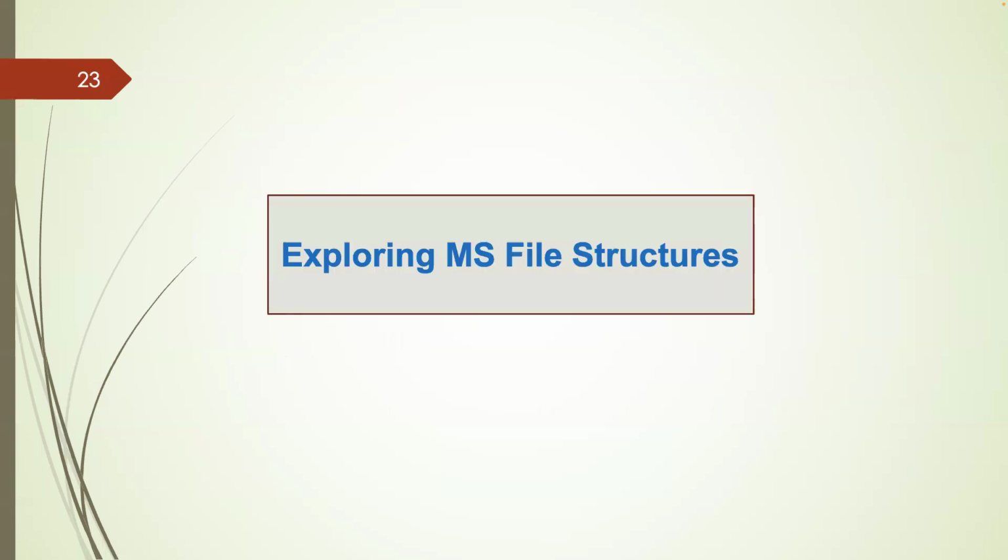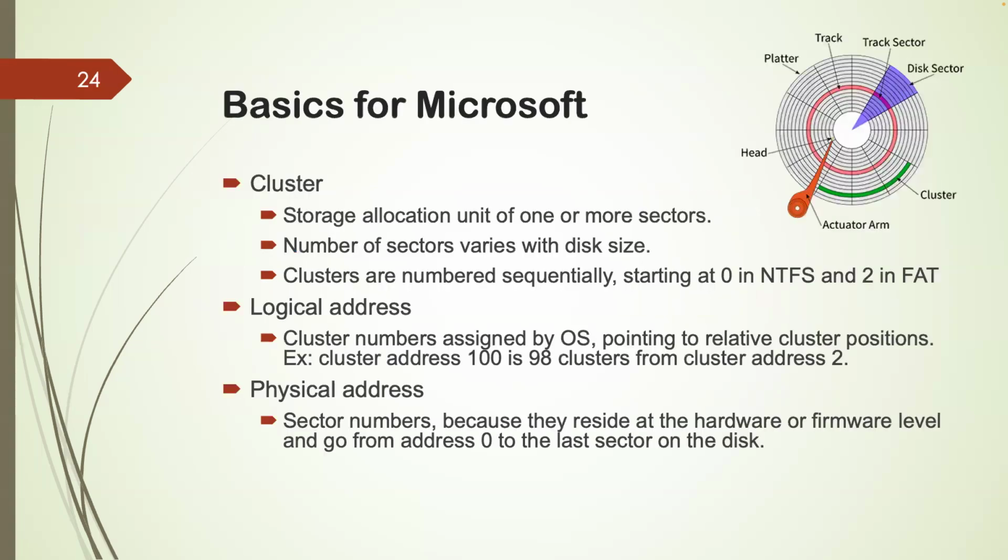Before we jump into the file systems for Windows, we need to see how the hard drive structure looks. We discussed this in the beginning, but I just want to reiterate that the operating system sees a hard drive as a combination of clusters, and it will assign cluster numbers 1, 2, 3, 4, 5, 6, and so on.